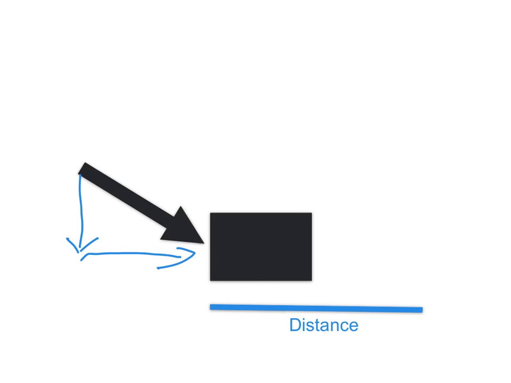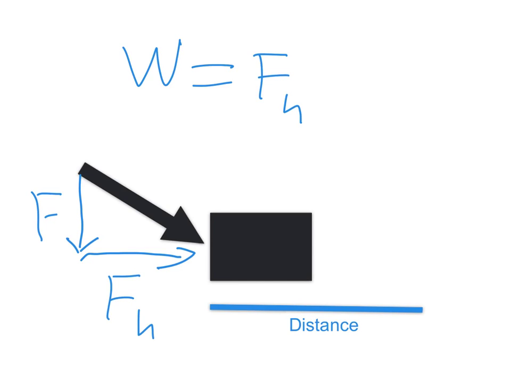work. And so we would say that the work in this case would be equal to this horizontal part of the force. This would be the horizontal part of the force. This would be some vertical part of the force. And this arrow down here, this would be the total force.